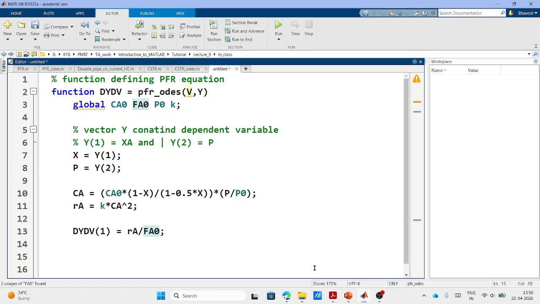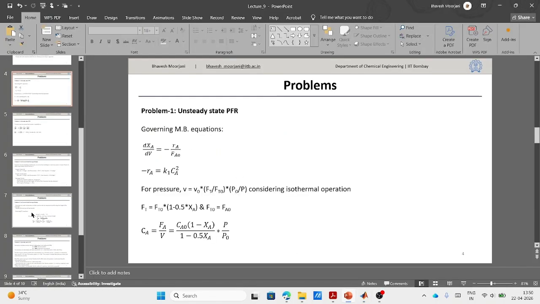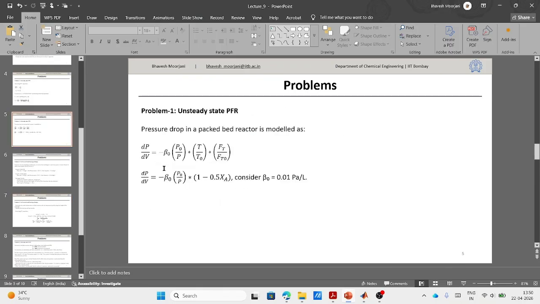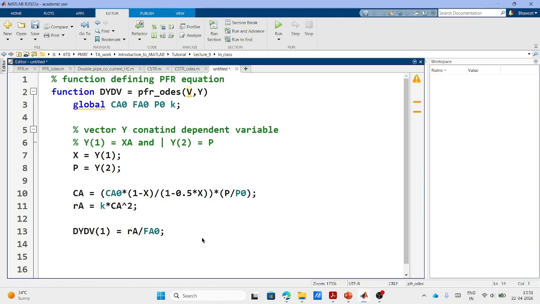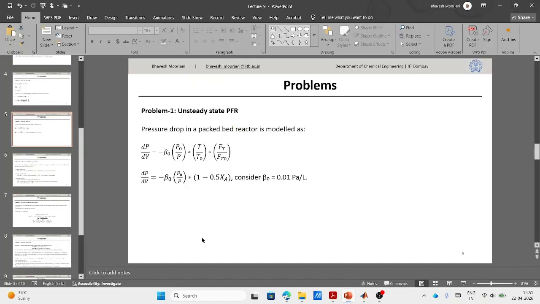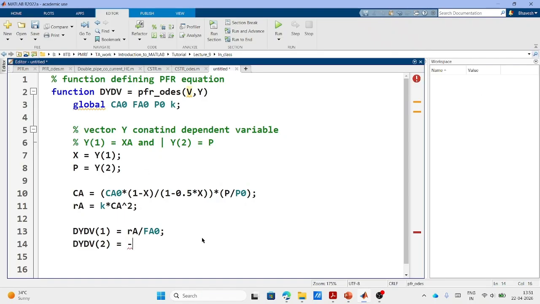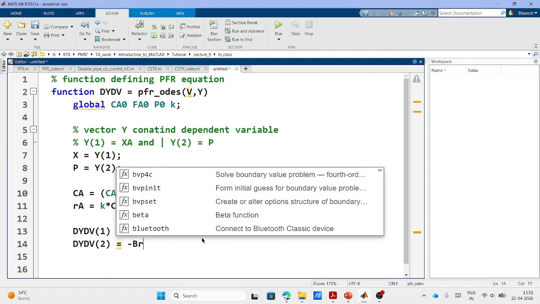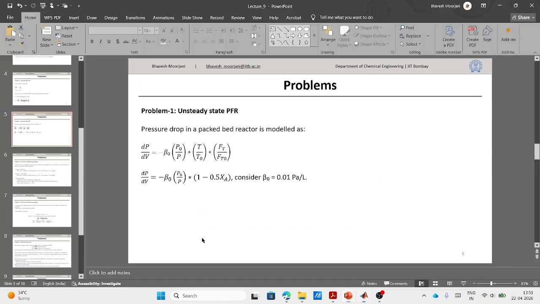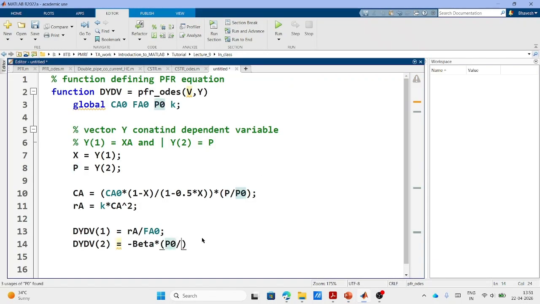Right. Now moving towards the second component. The second component of my differential is dp by dv, given as minus beta times p by p0 into 1 minus 0.5 times x. Okay. So I will write dy by dv. I am putting it directly since it's only one equation, which is minus beta into p0 by p into 1 minus 0.5 times x.